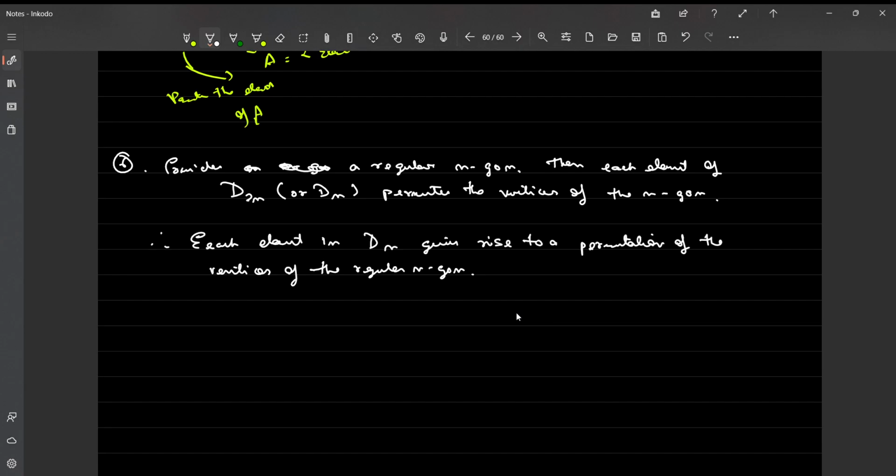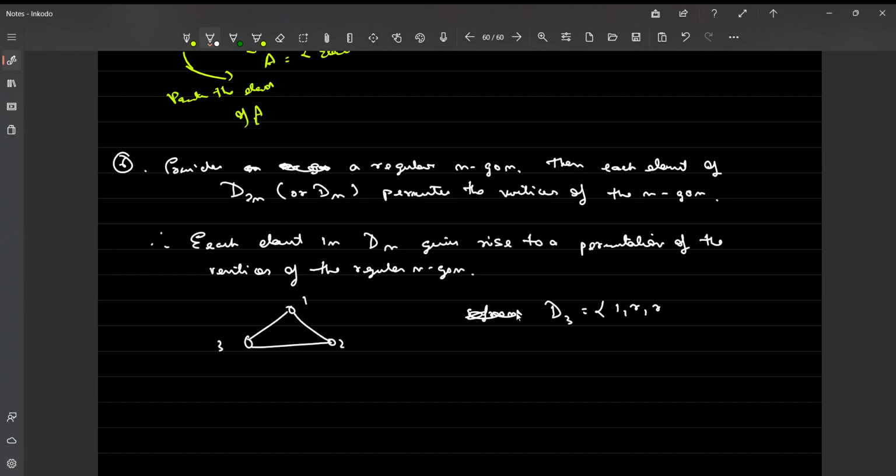What we are trying to do is this: let's consider an example. Suppose we consider the regular trigon, an equilateral triangle. We index the vertices as 1, 2, and 3. Clear? Now consider an element from D_3.